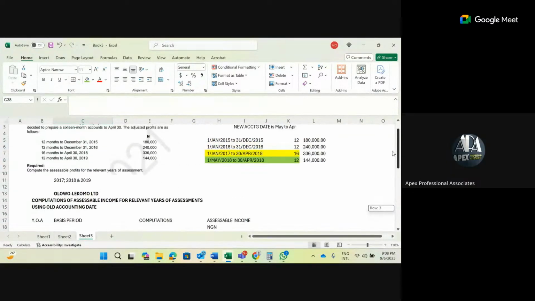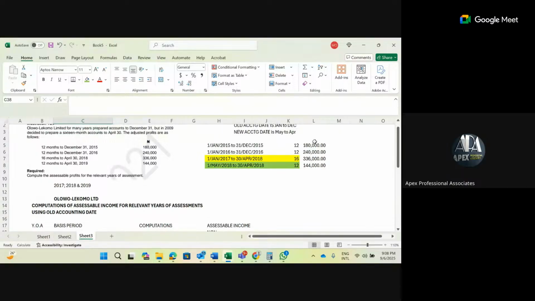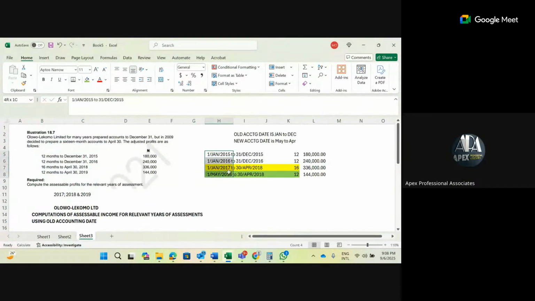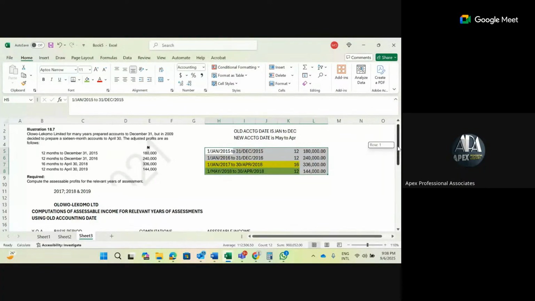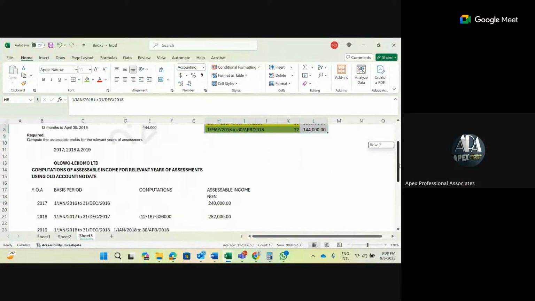let's go back to our analysis. Thank God I've written this. If you want to solve this kind of question, just help yourself by doing this small sketch, because it is going to help you determine the denominator and numerator, and also apply the correct basis period and the correct income for the relevant years.